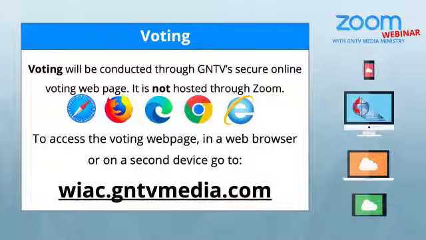The Wisconsin address is wiac.gntvmedia.com. You see that on the bottom of your screen? You need to open it in a program like Safari, Firefox, Microsoft Edge, Google Chrome, or Internet Explorer. That web address, once again, is wiac.gntvmedia.com. Opening that web address will help you get to the right place.